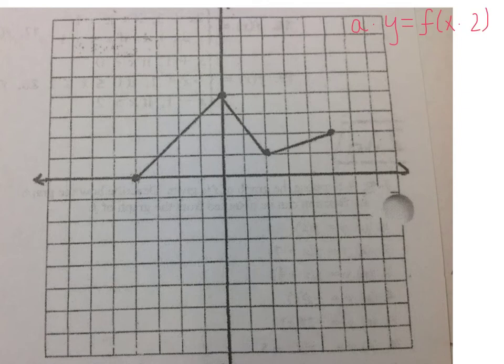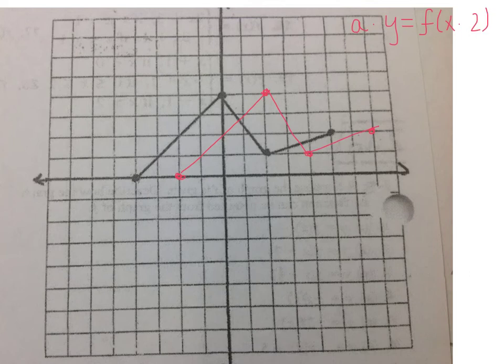All the points get shifted right 2. So I'm going to start with this one. And if you notice, we started with 4, and we're going to end with 4. And there you have it. That's A.